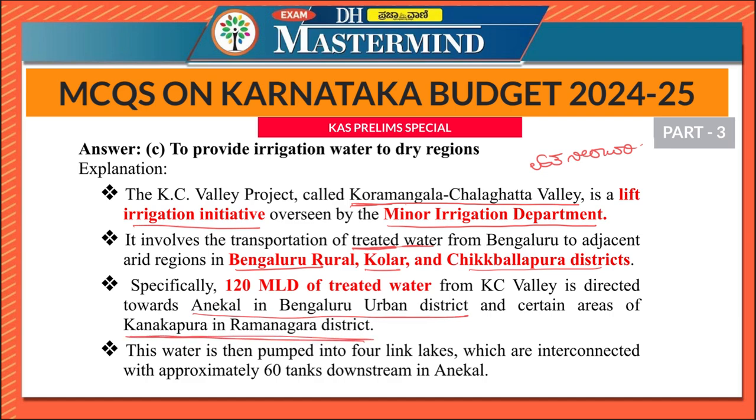This water is then pumped into 4 linked lakes which are interconnected with approximately 60 tanks downstream in Anekal. So these initiatives, that is transportation of treated water from Bengaluru to adjacent arid regions and supplying 120 MLD of treated water to Anekal in Bengaluru urban district and certain areas of Kanakapura in Ramanagara district, are being undertaken under this KC Valley project.